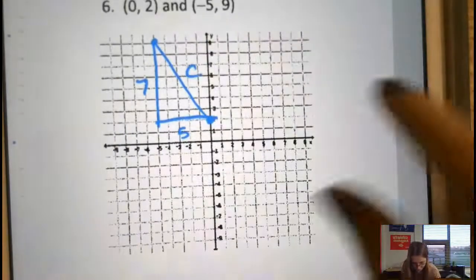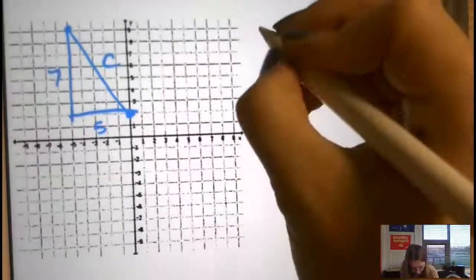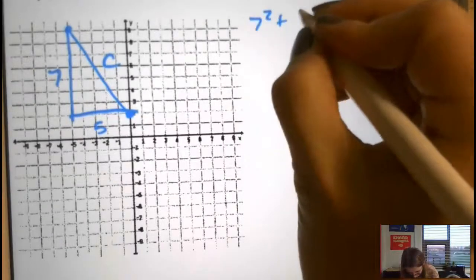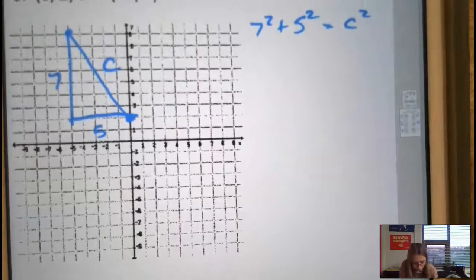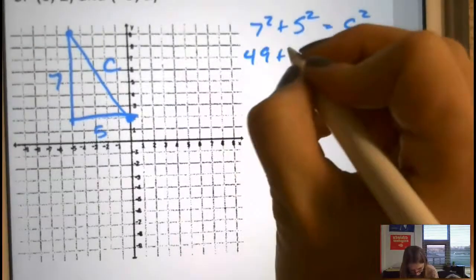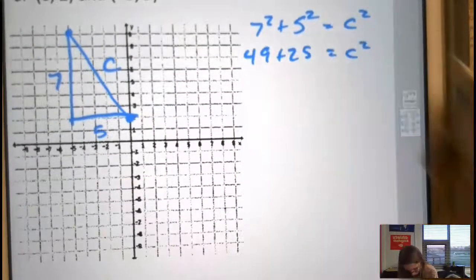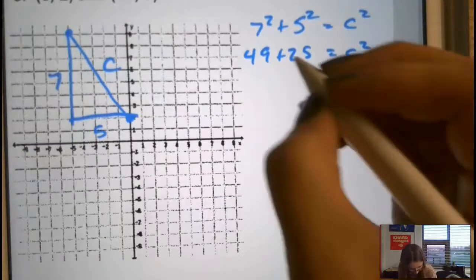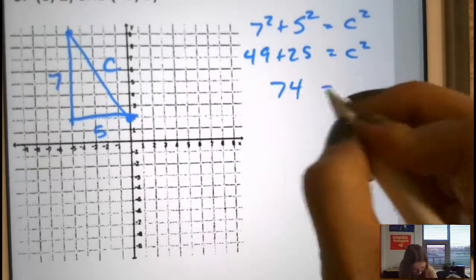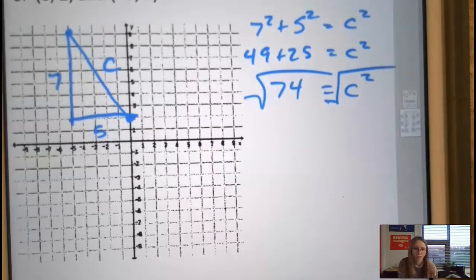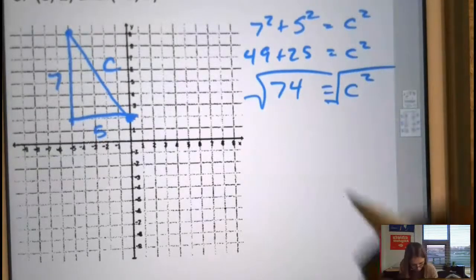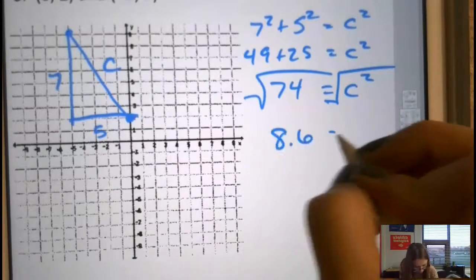Alright, and we're solving for c once again. So we got 7 squared plus 5 squared equals c squared. We got 49 plus 25 equals c squared. And lastly, that adds up to be 74. And now we just got to square root, so then we can cancel out that c squared. And we end up with 8.6 for c.